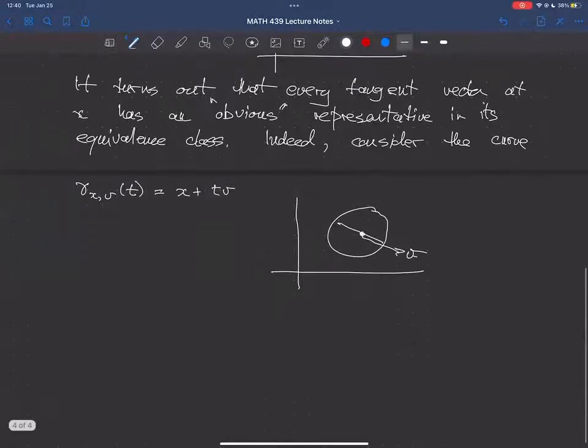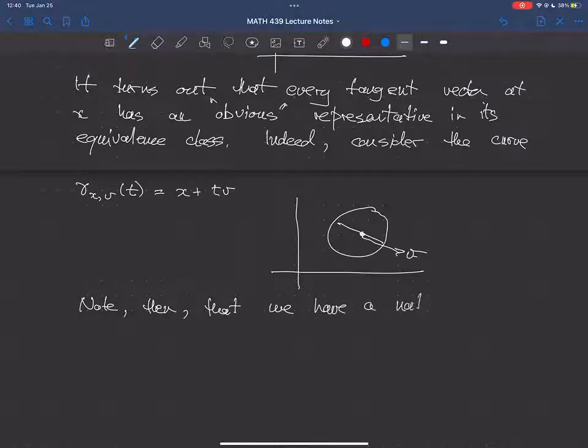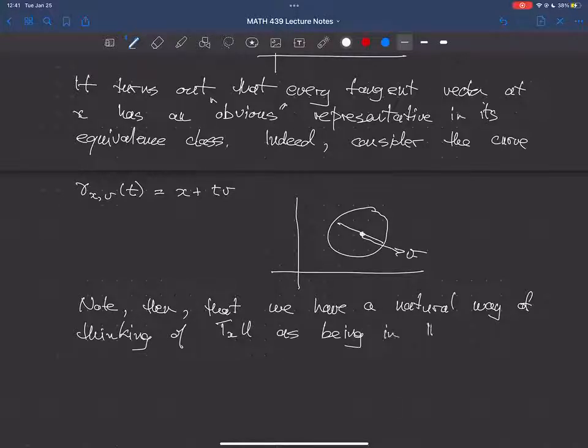And so notice then that we have a natural way of thinking of tangent vectors at x, so elements of the tangent space at x, as being in Rn.